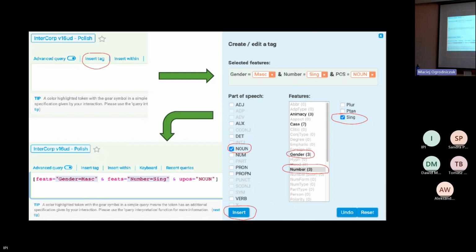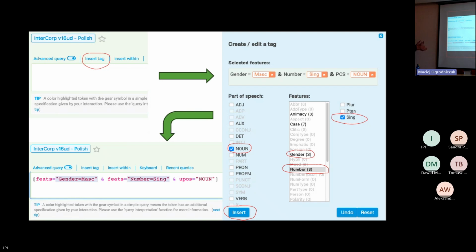Now, if you want to search in that corpus, there is something called tag builder here. So if you search for morphological categories, you get this kind of list, and it's based on the real data. So it would also give you the number of possible categories for gender, for example, and then you can click.